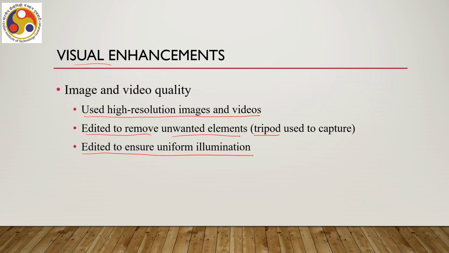When the user is travelling from one image to another, this primarily refers to the 360-degree images which we have used to create the scenes, if the illumination changes, then the user will get a feeling that there is something odd. To avoid that, all were uniformly illuminated using image editing tools.